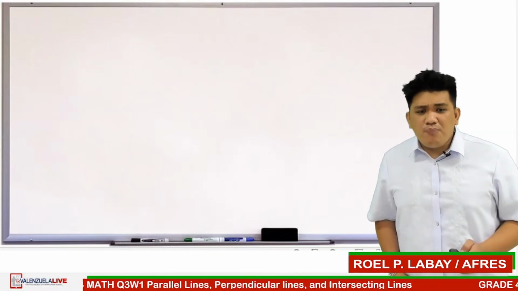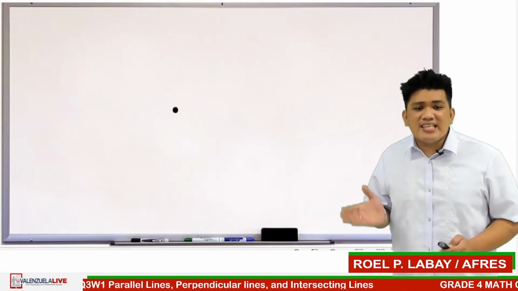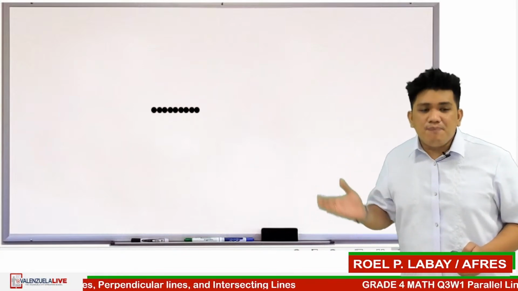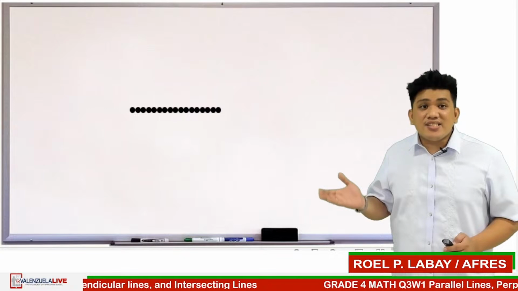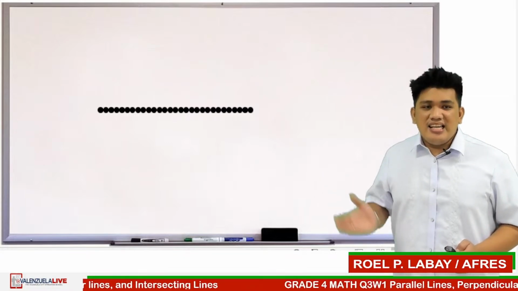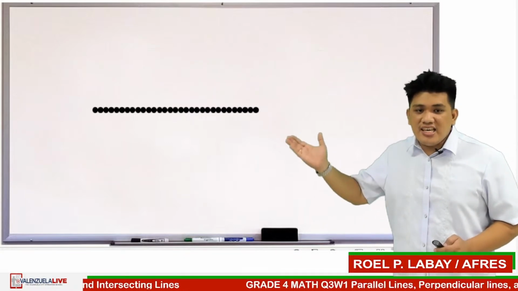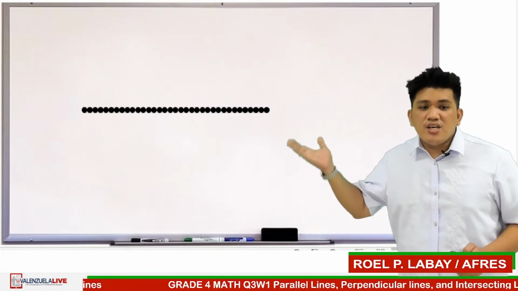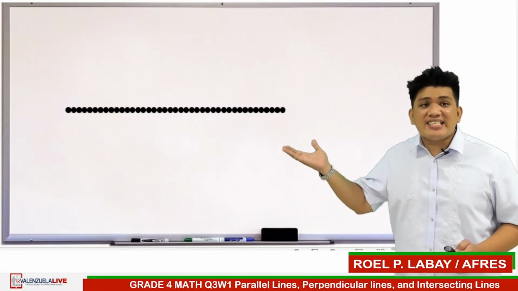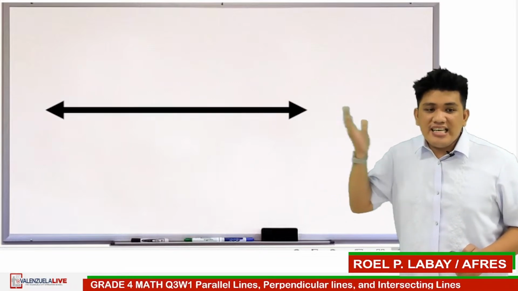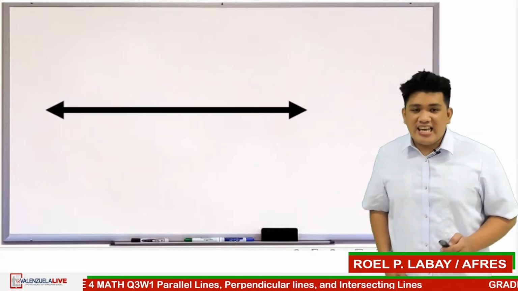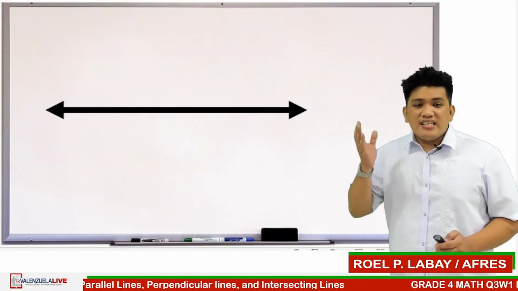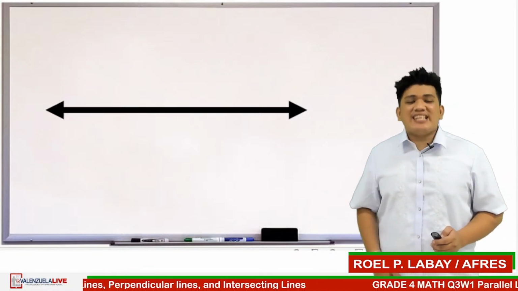A set of points that follow a straight path and extend indefinitely in both directions is called a line. As you can see, we can use this symbol with two arrows to show that it extends indefinitely in both directions because we cannot draw an infinite line.